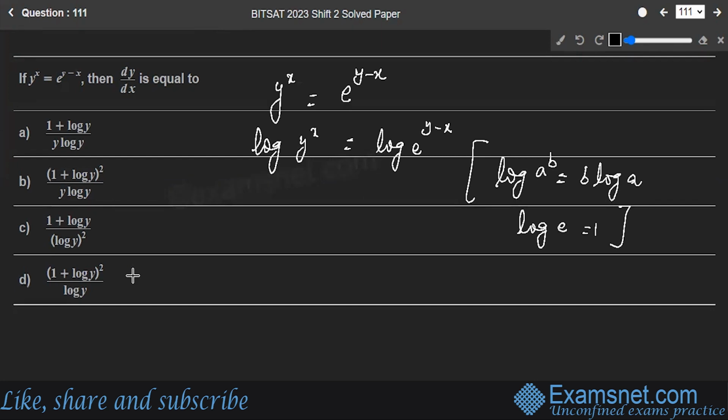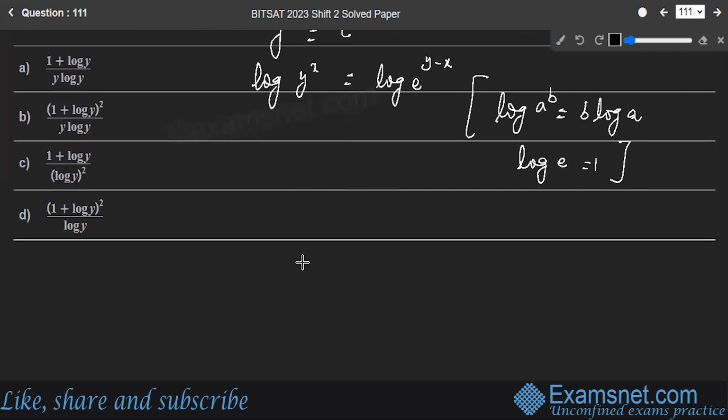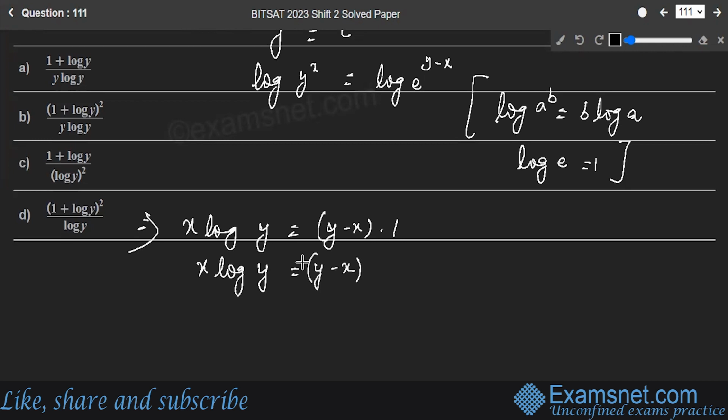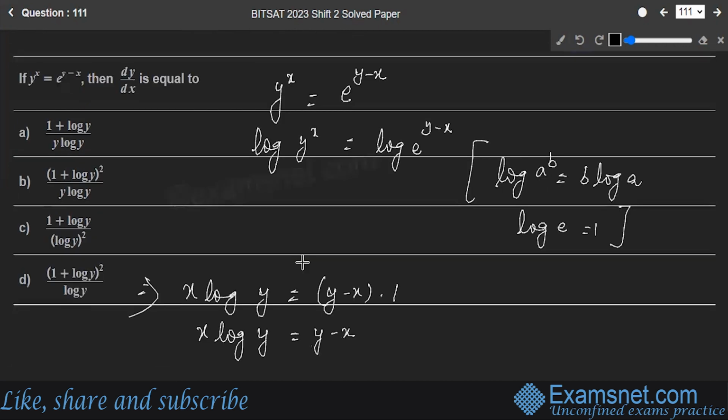Okay. So further, this given equation will become x log y is equal to y minus x log e. I will write it as 1 only. So this will be x log y is equal to y minus x only. Okay.